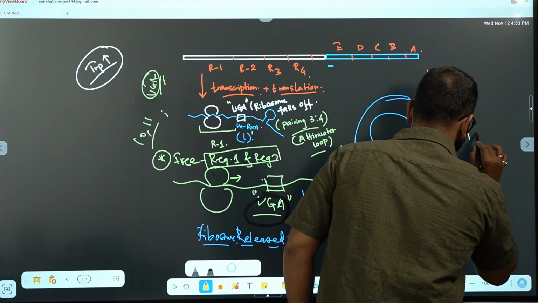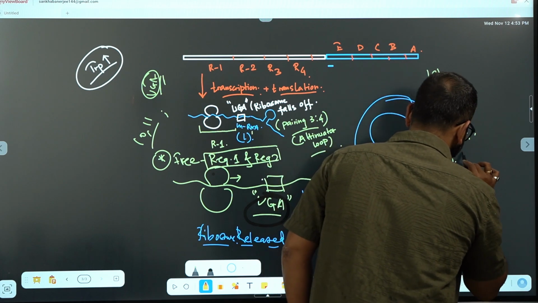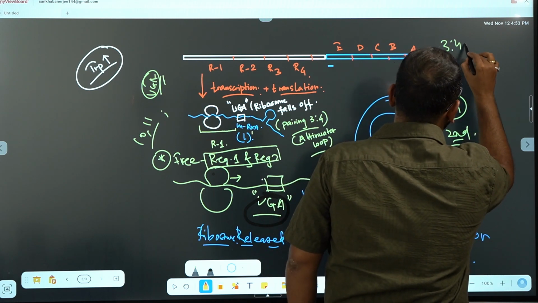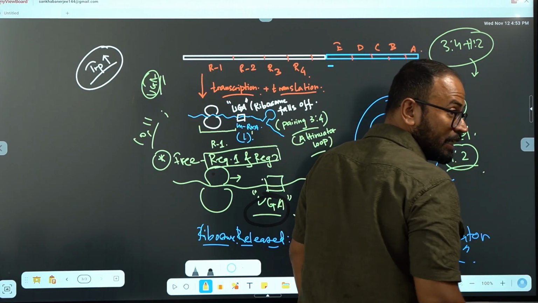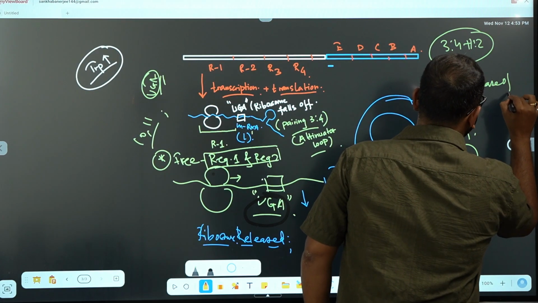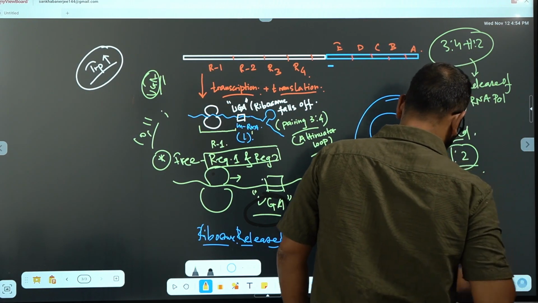The second pairing, after the removal of ribosomes, is the 1:2 pairing. This 3:4 pairing plus 1:2 pairing, both are initiating the release of RNA pol. Very important point.